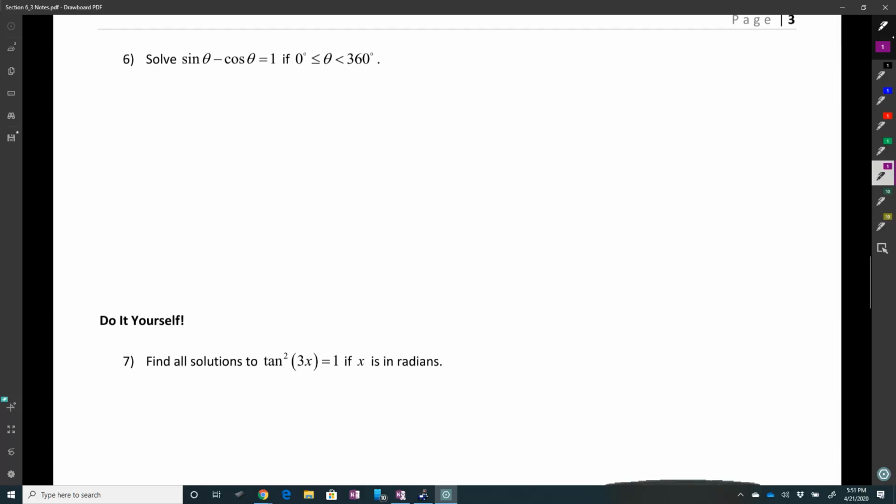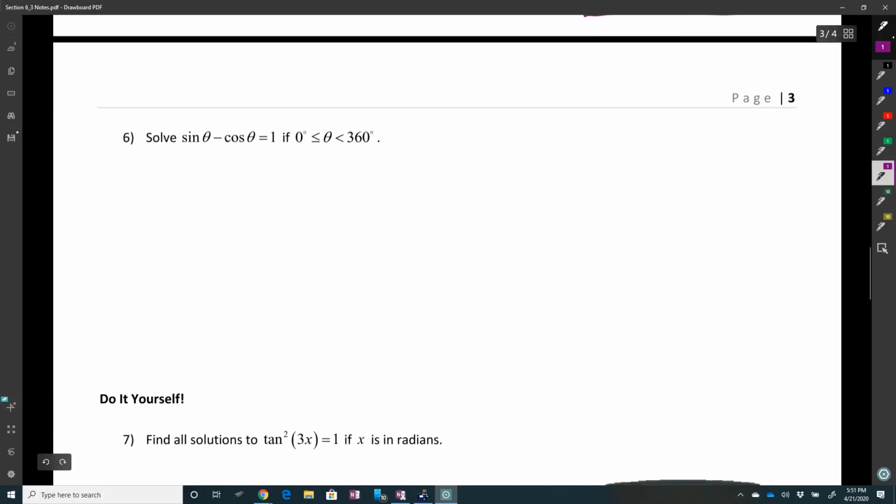So this last one is one that we actually did in the last section, before I added cosine to the other side and I squared both sides. But now that we know about how to solve sine of 2x, 3x, 4x, 5x, stuff like that, I can instead square both sides right off the bat.